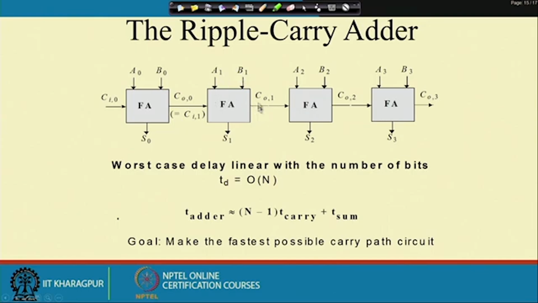Then again, unless and until this carry is generated here, I cannot start the operation of this particular full adder cell. Again for this, again I cannot start this. So, that is why I have to wait for this carry to be available at this particular time.